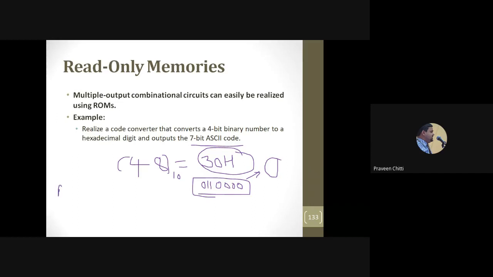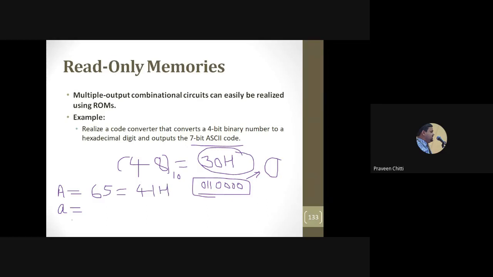Similarly, can anybody tell me what is the ASCII value for capital A and for small a? ASCII value for capital A is 65 in decimal, and that comes to 41 in hex.